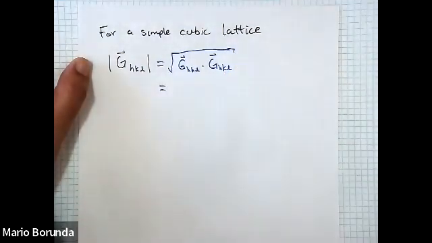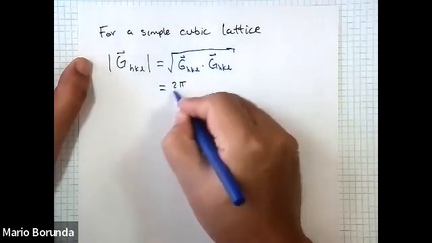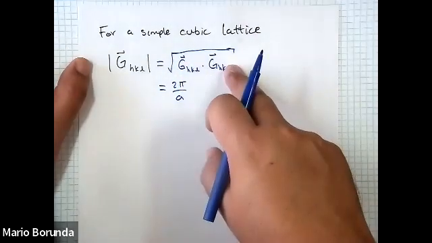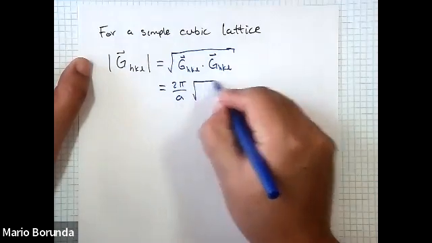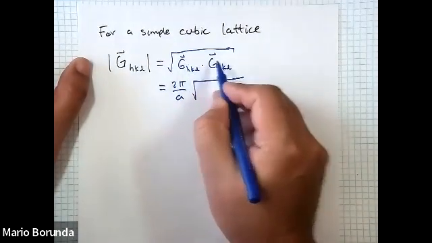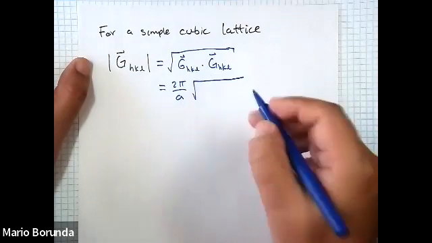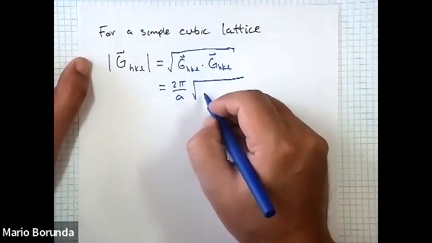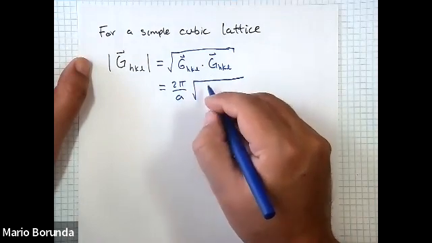This is simple cubic, so I know that all of the magnitudes are the size of the vector. Its reciprocal lattice is 2 pi over a, right? So that's the magnitude of each of them, but then they're squared. And then the things that go on the inside are B1, B2, B3, but they're dotted. And so should I write them out? All right, let me write them out.